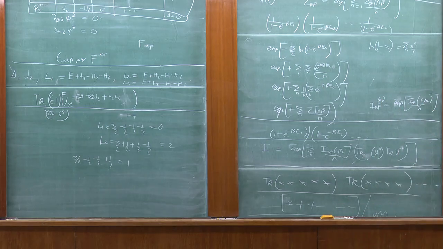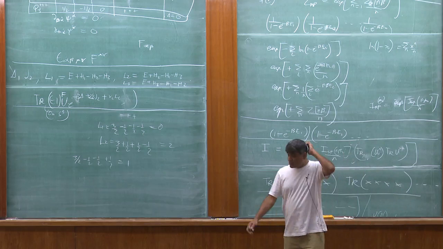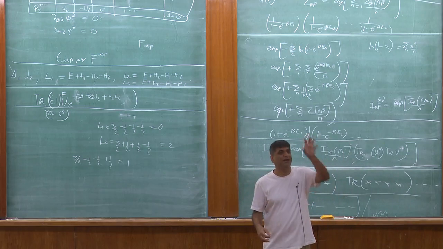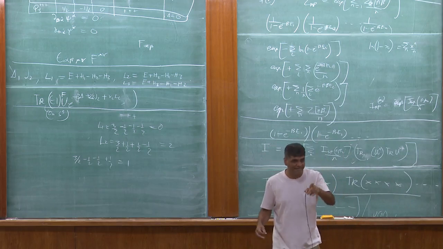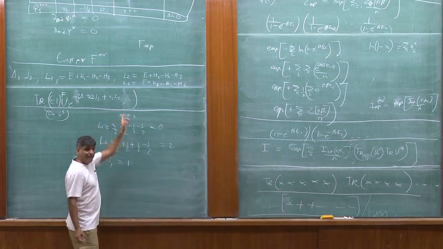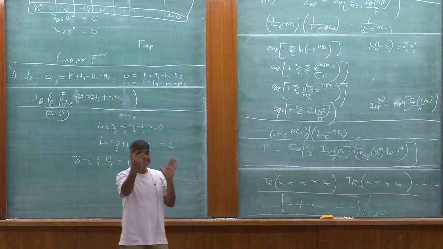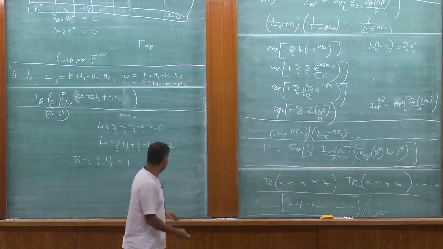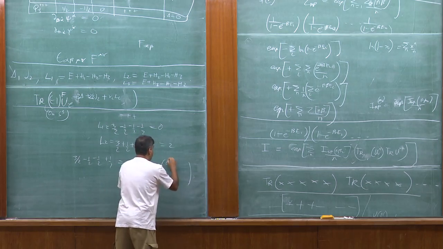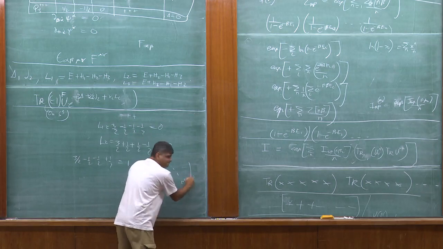Trace of U to the power n. Now where does this minus n come from? Wait, why is it not trace U to the power n? It's because, imagine that U is a diagonal matrix. No, it won't be the same. Even if it's diagonal, one is x1 to the power n plus x2 to the power n. The other one is x1 plus x2, the whole to the power n. No, but which one is correct? You see, imagine that U is a diagonal matrix. Then our various states, what we're doing is weighting with respect to the chemical potential, and the eigenvalues are e to the power i alpha 1, up to e to the power i alpha n.